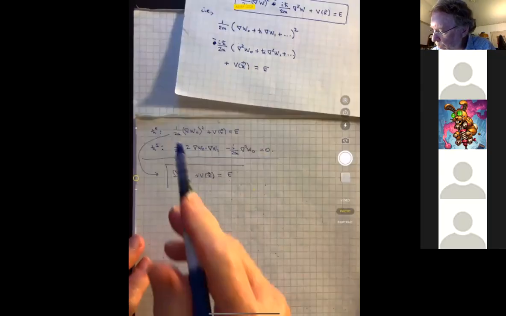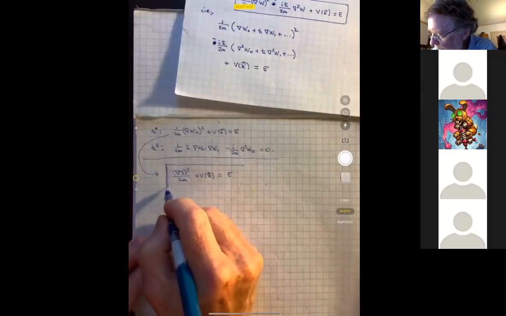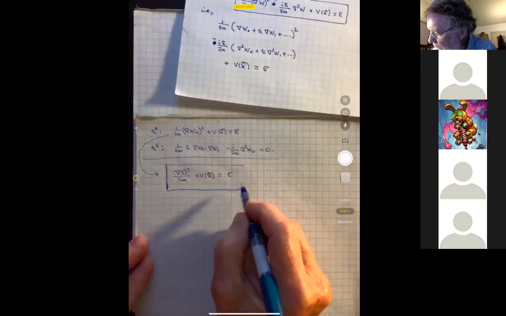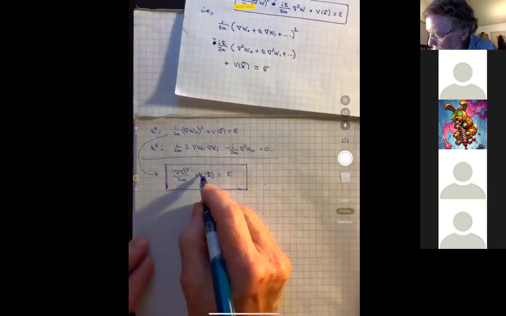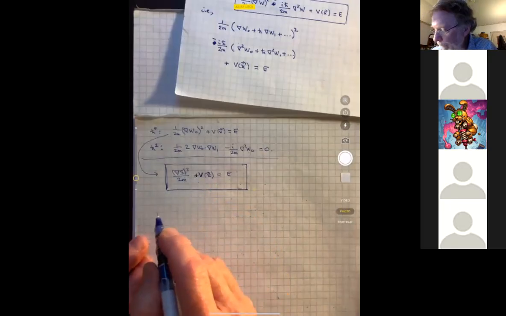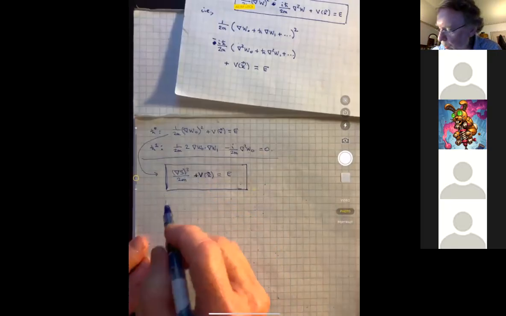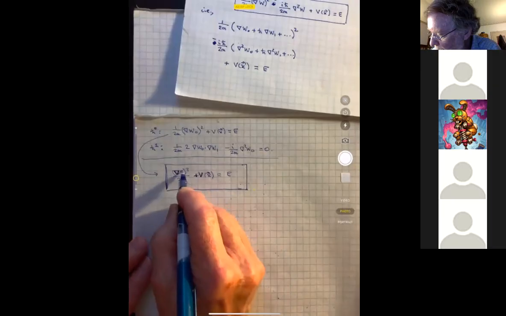I try to do my lectures with a pen with a thicker point because it forces me to write in larger writing, which makes it easier for you to read it, I hope. In any case, we get this equation here at order h bar to the 0.